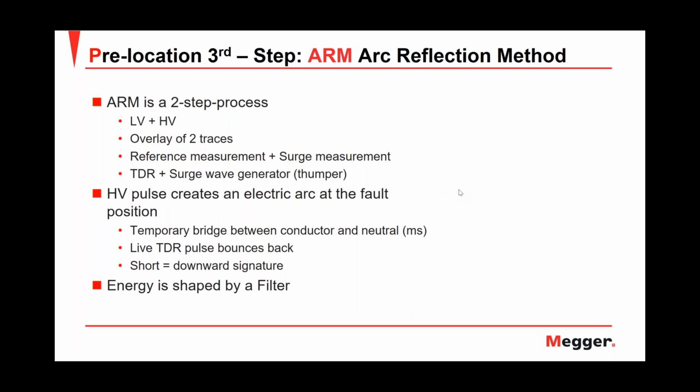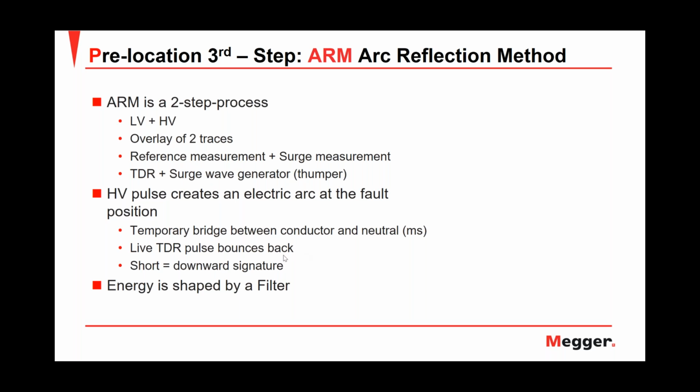And what we will do during the arc reflection method is that with the high voltage pulse, we will create an electric arc at the fault position. And this arc will have a duration of milliseconds, good enough for the live TDR pulse to bounce back.